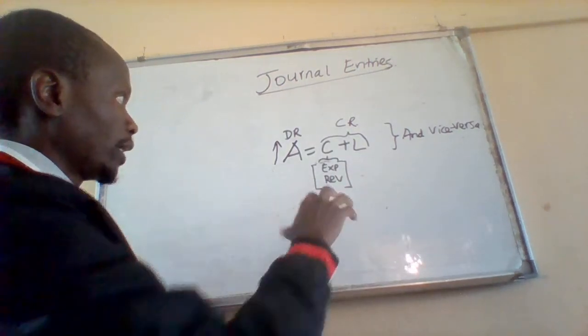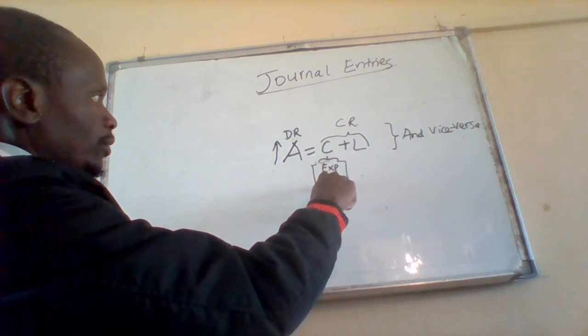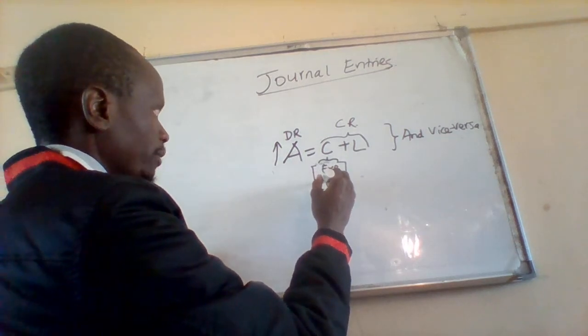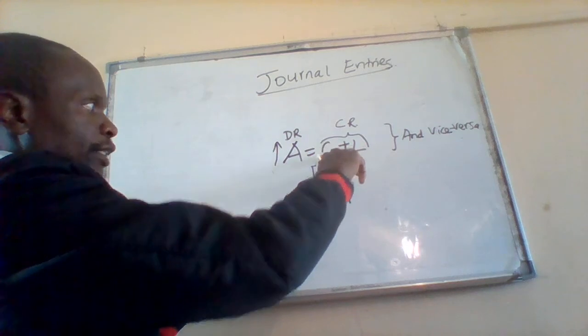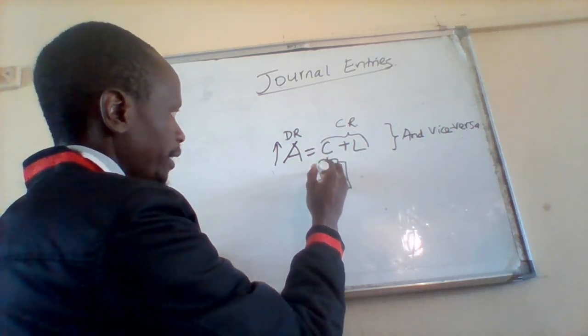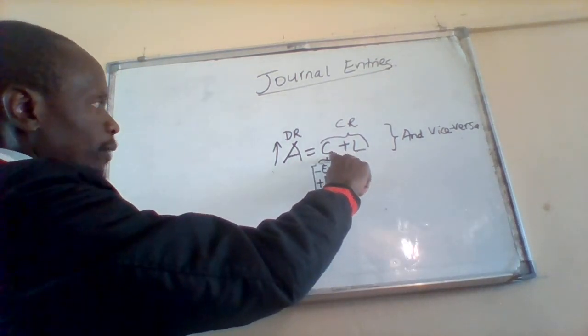Now, this is how it works. Revenues have a positive effect on the owner's equity. Expenses have a negative effect on owner's equity.